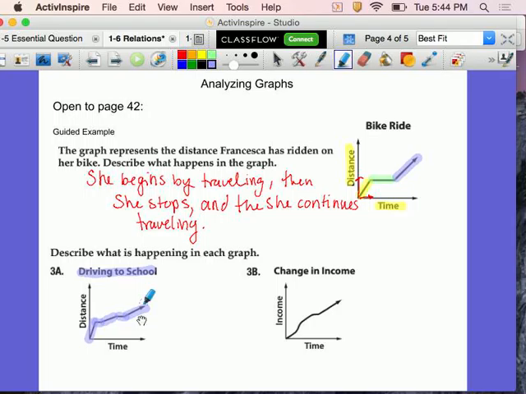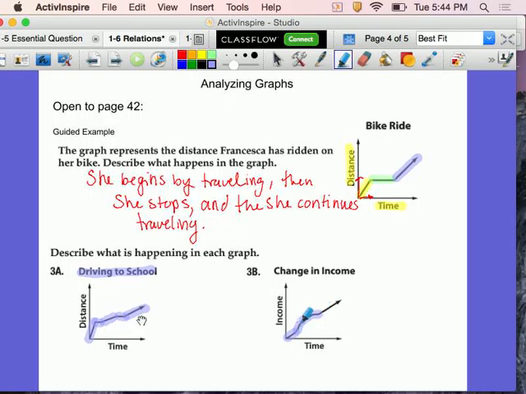Okay, changing income. So income is just how much money I'm making for whatever reason. So starts out making money. I get an increase in how much money I'm making, and then it stays steady for a while. And then I get a little bit of a decrease, or it stays the same.